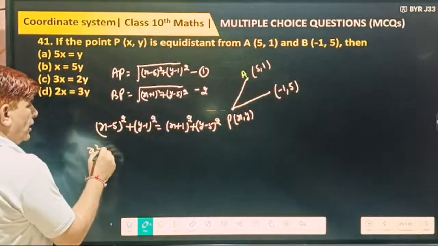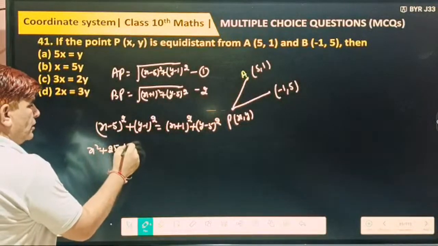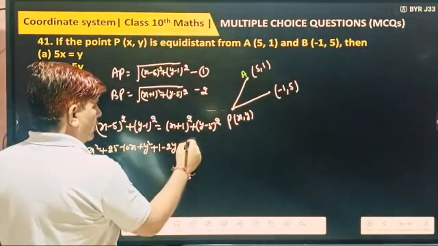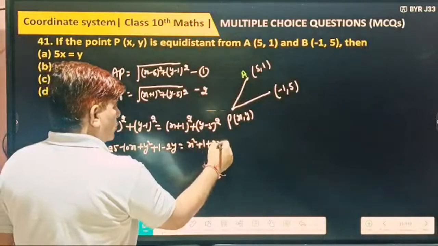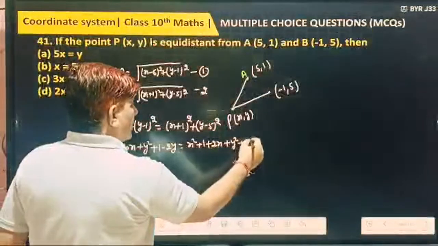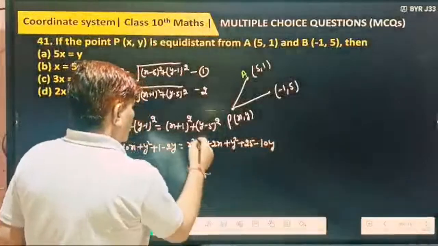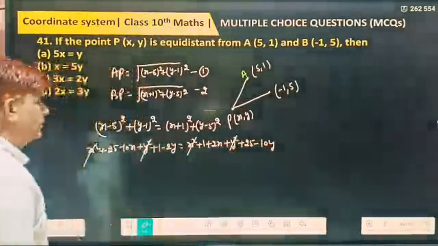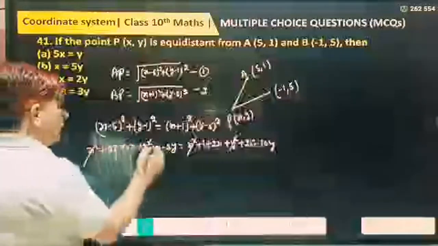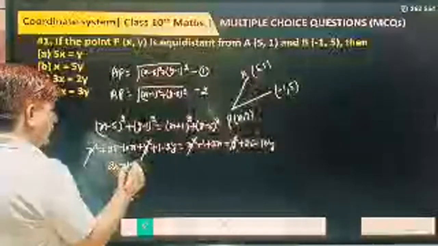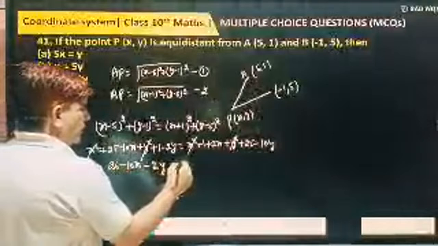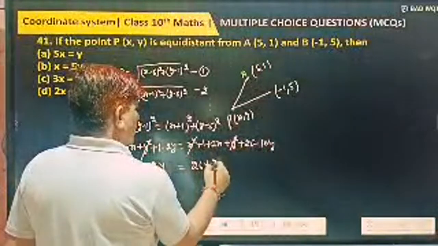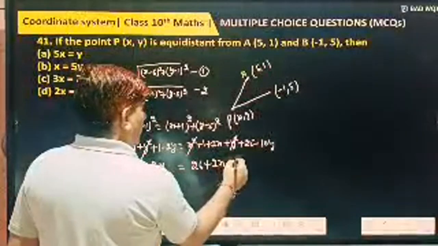Solve it. x square plus 25 minus 10x plus y square plus 1 minus 2y equal to x square plus 1 plus 2x plus y square plus 25 minus 10y. This cancels, this cancels. Understood? 25 plus 1, 26 minus 10x minus 2y equal to 1 plus 26 plus 2x minus 10y.